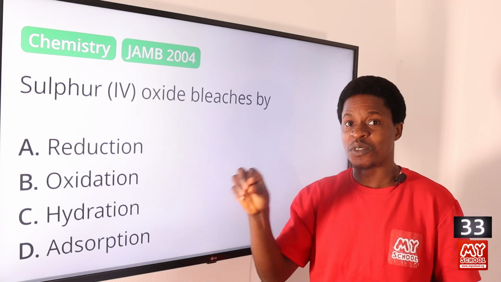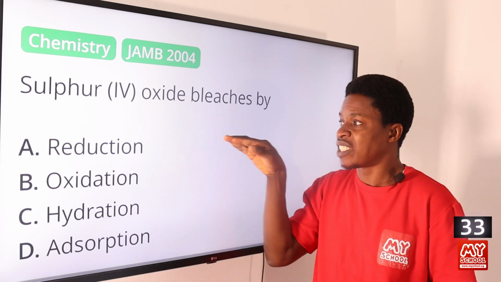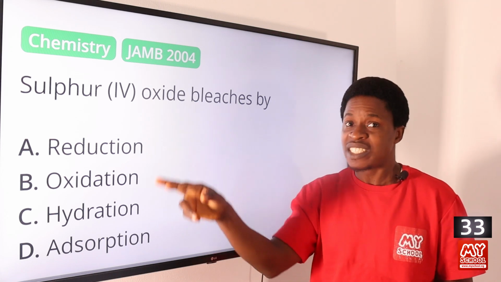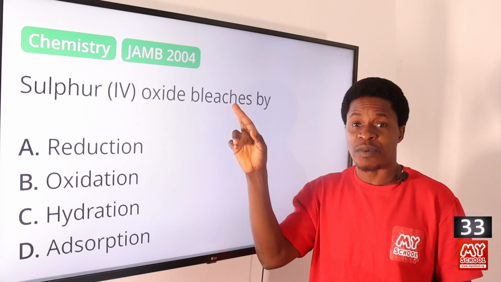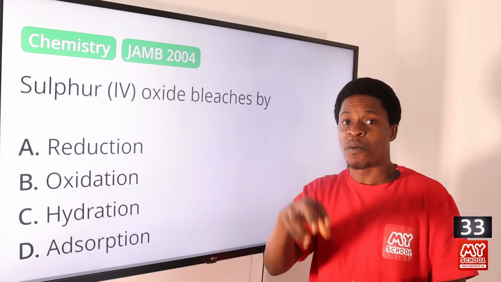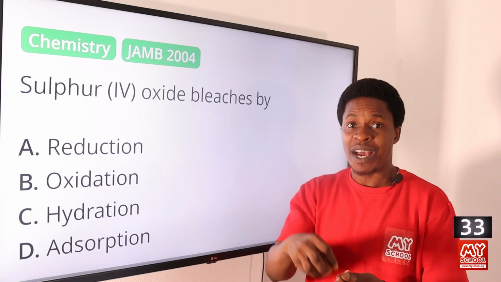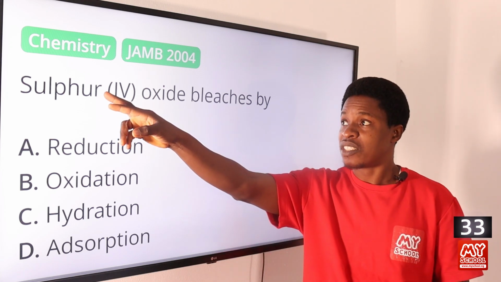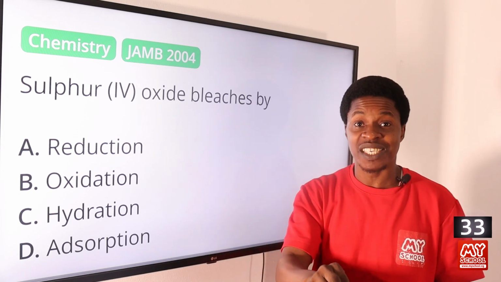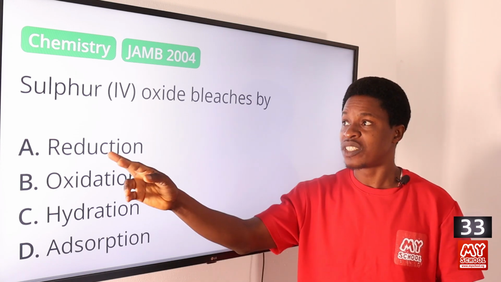Adsorption has to do with fixing on the surface of the fabric, but that is not how it bleaches. It removes oxygen from the fabric, from the stain that is there. It is reduction of sulfur IV oxide because there's removal of oxygen. And removal of oxygen is reduction.